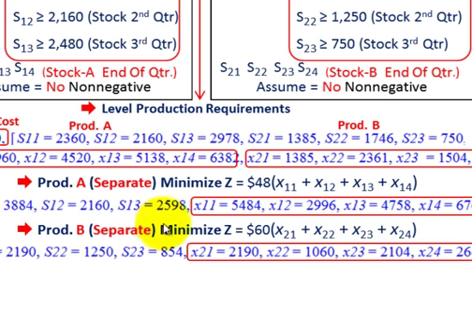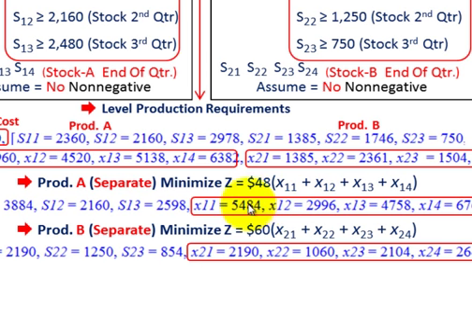But just remember, whatever results you want to come up with, you have to carefully look at what you're doing, and you really want to come up with sort of level production requirements. You don't want X11, the first quarter, to produce 10,000 units, and then maybe X13 at 0 units and so forth. You want to get something rather level so you can keep your production operation level within the factory that you're looking at, or your operation.